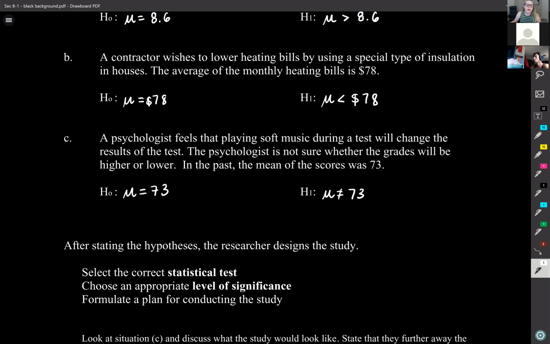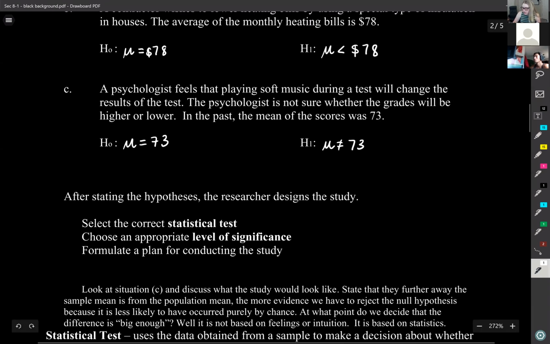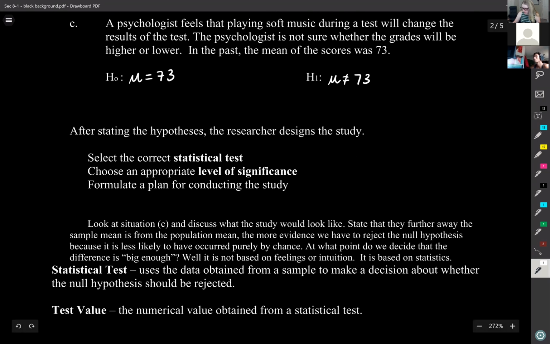Okay, cool. Let's keep going. So like I said, after stating this, this is definitely not in my notes. I don't even know. So I have two versions of these lecture notes, and I don't know if this is supposed to be in here.